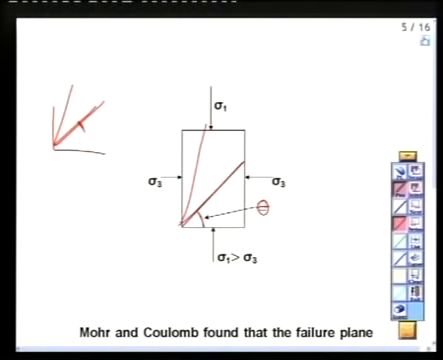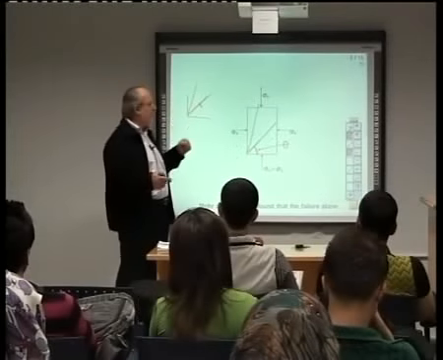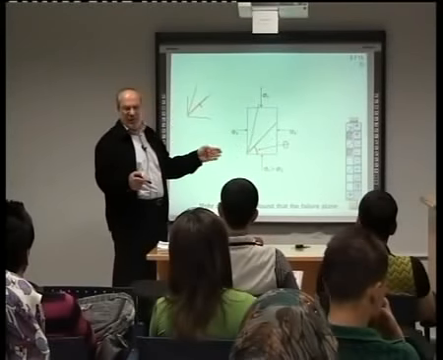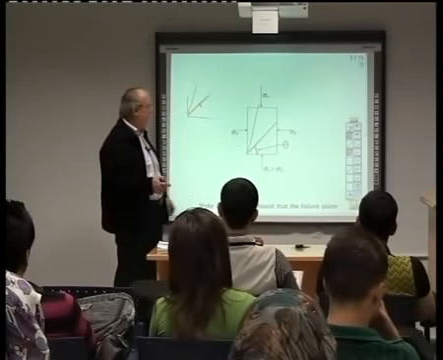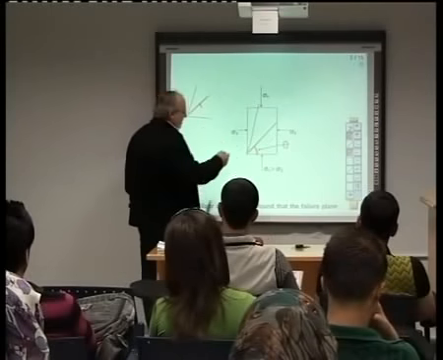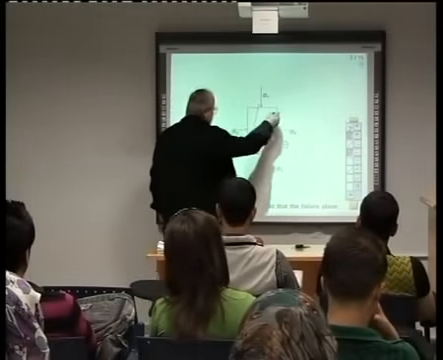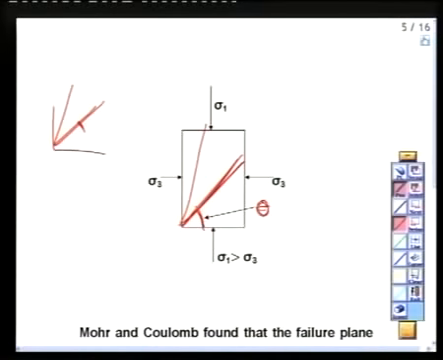Now, for example, the soil is subjected to sigma 1 and sigma 3. Remember, we use sigma 1 and sigma 3, where sigma 1 is much greater than sigma 3. Then the failure will be inclined like this, and the angle is theta.